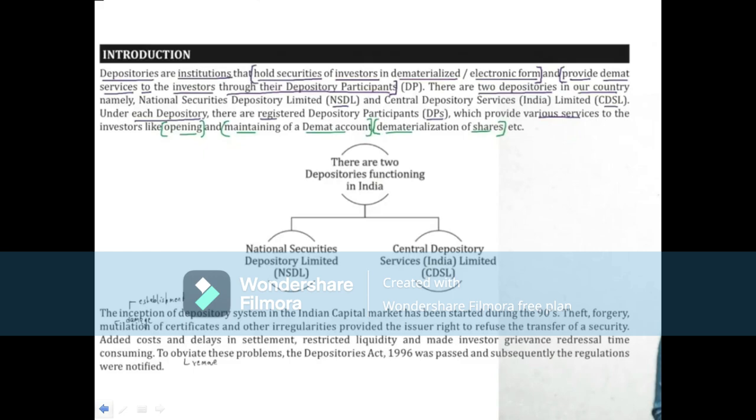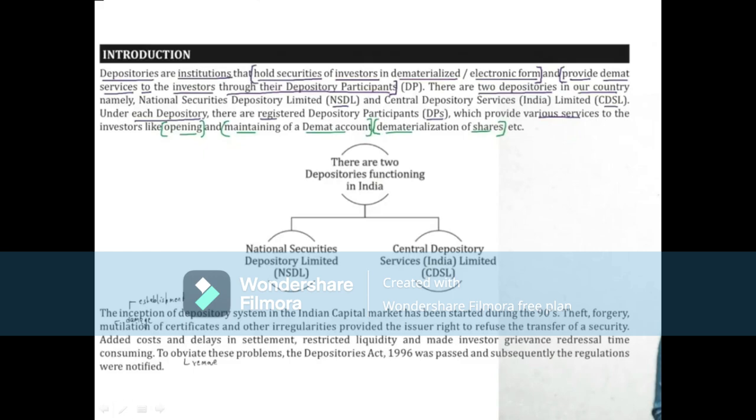The Depositories Act initially came into force as an ordinance. The act was first introduced in Lok Sabha as the Depositories Bill 1996, and the bill was passed by Lok Sabha and then by the Rajya Sabha. The bill received the President's assent on 7th January 1996.